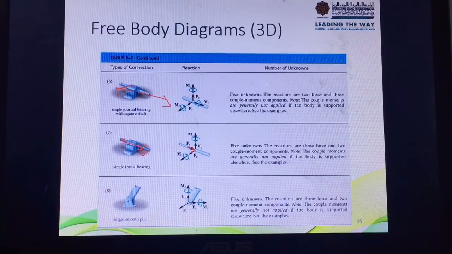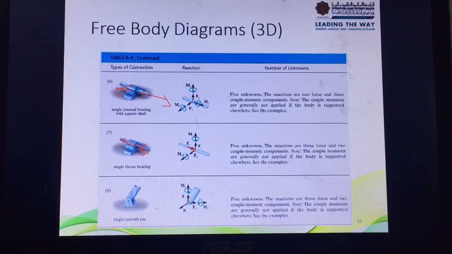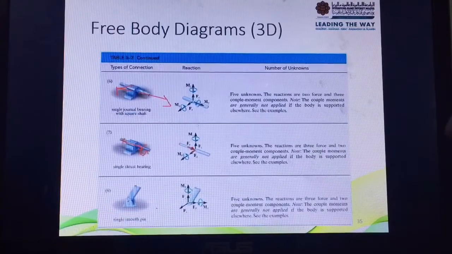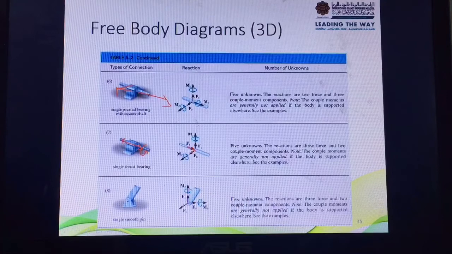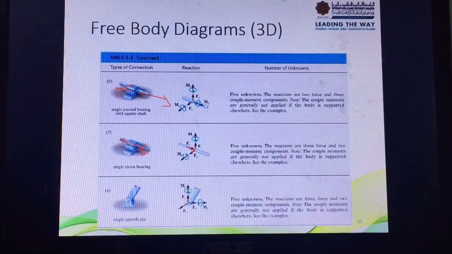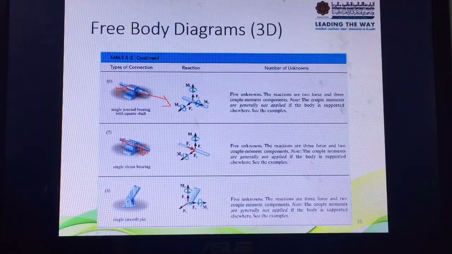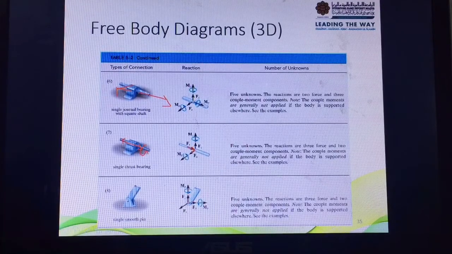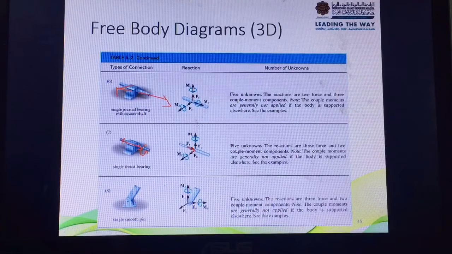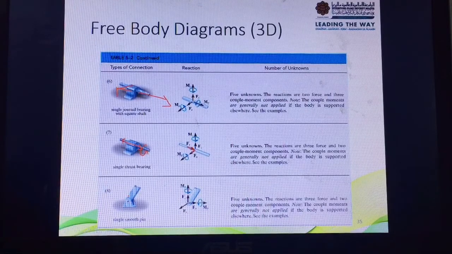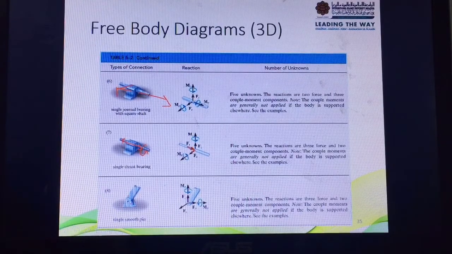Next, this is a single smooth pin. For the single smooth pin, all translational directions are constrained, so you have Fx, Fy, and Fz. But here is something you have to be careful about. Remember that for the 2D pin, you have Ax and Ay, but no couple moment.